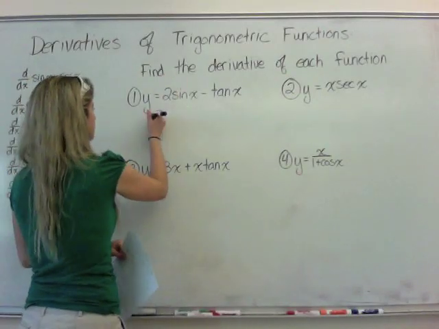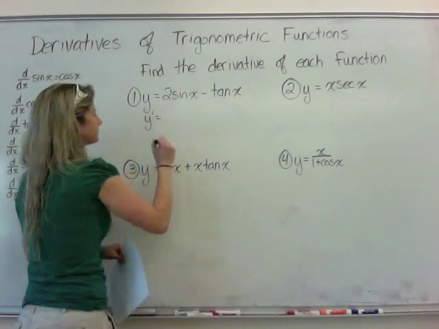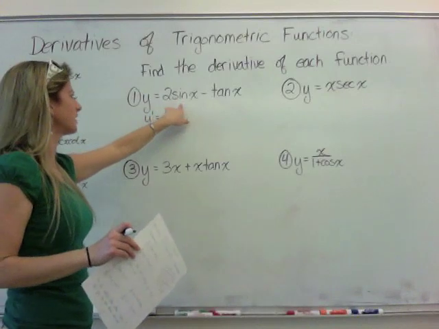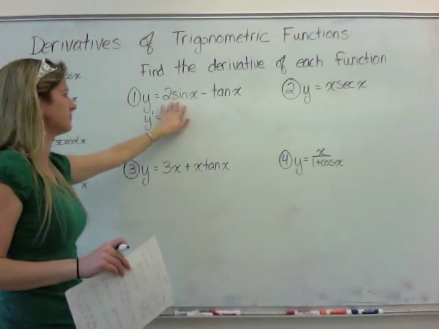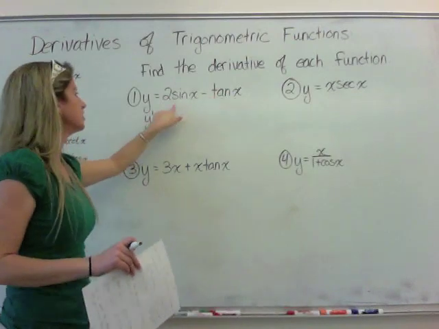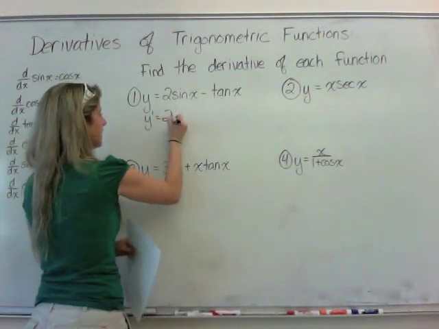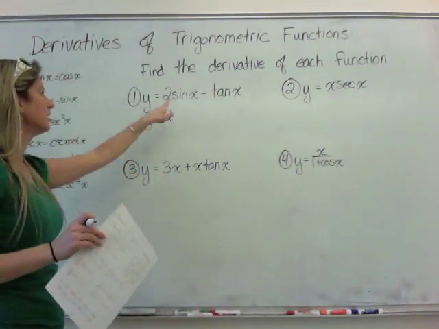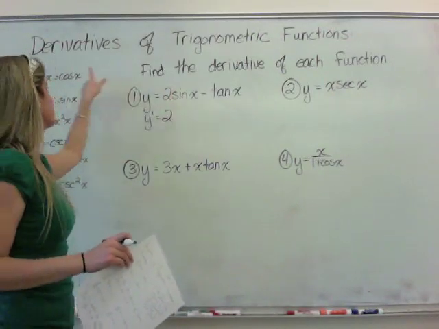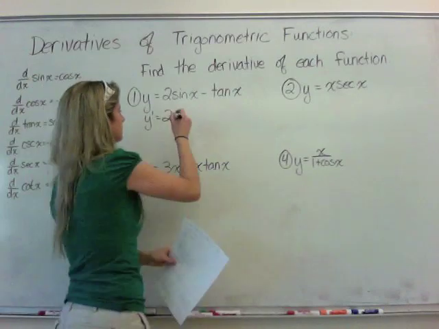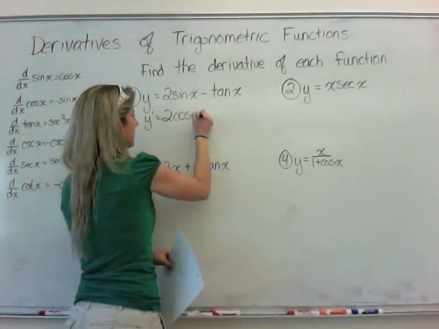So for the first one, we'll start off with y prime. y equals 2 sine x minus tan x. So y prime would be just the derivative of this minus the derivative of this. Remember, 2 is a constant, so it's going to hang out front. And then we want to know what is the derivative of sine x. The derivative of sine x is cosine x, so we just put that there.